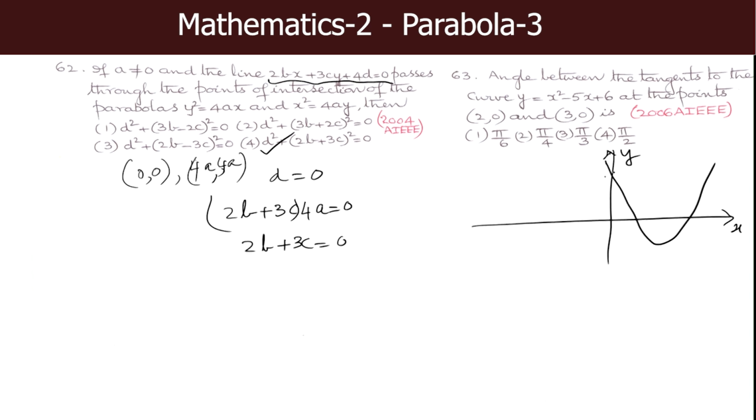This is 6 and this cuts the axis at 2, 3, because y equal to x minus 2 into x minus 3. The lowest point is at 5/2. This is the lowest point.